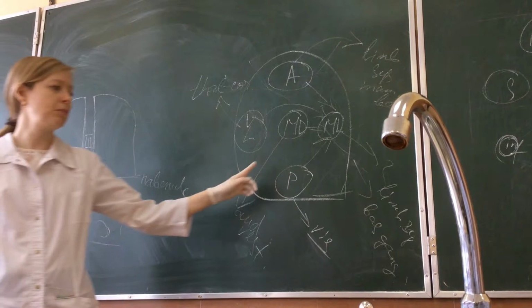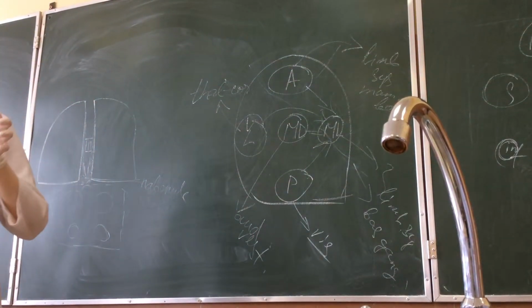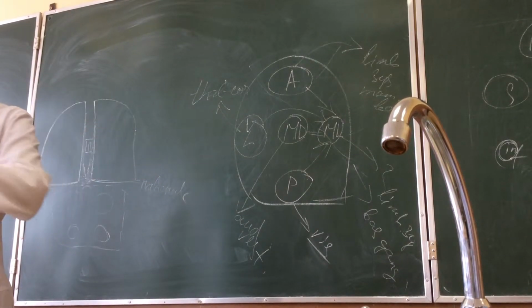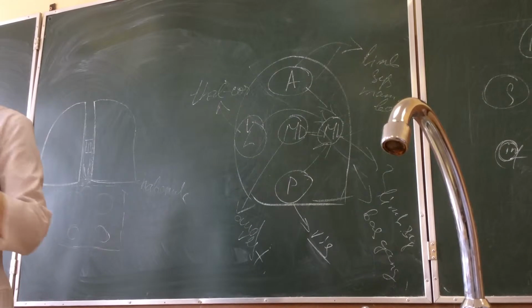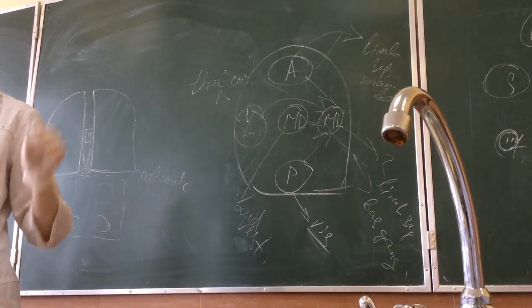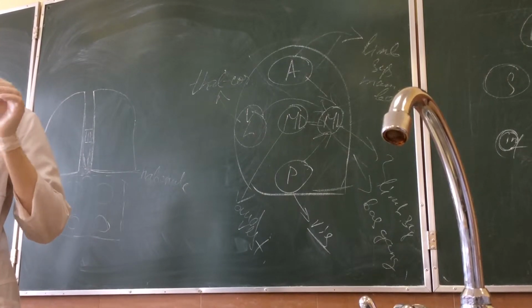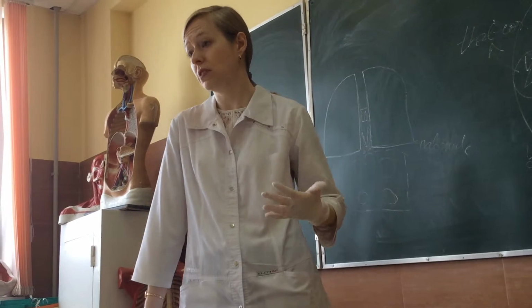So please remember this diagram, this scheme. If you remember it, you can explain and call the subcortical centers for all tracts: for vision, for hearing, for smelling, for vestibular, for all of them, about which we will talk together with the peripheral nervous system.